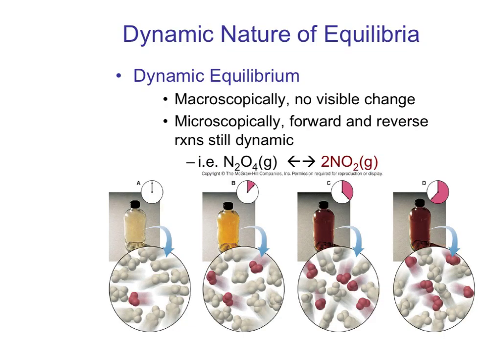All right, again, we're still just kind of reviewing the definition of equilibrium. On a large scale, there's no visible change when you've reached equilibrium, but on a molecular scale, the forward and reverse reactions are continuing to go nonstop.